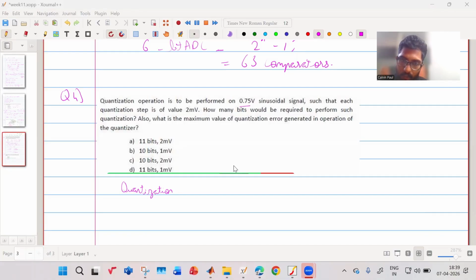Quantization is making analog as 0 or 1. That is like digitization.